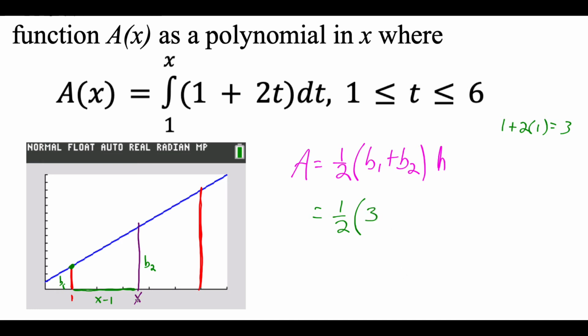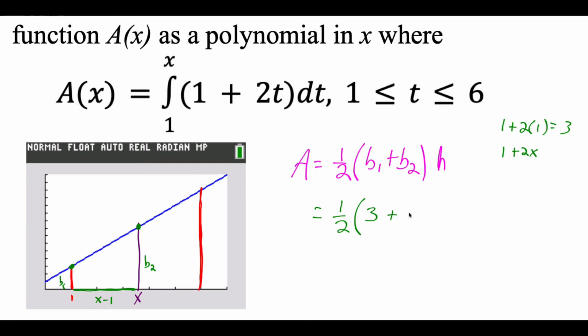But as we look at this other base, this might be a little bit more complicated. We've got this value of x, so we would be looking at trying to figure out the height of our function at that specific x value. Well, our function is 1 plus 2t, and we're plugging in x. So if I do 1 plus 2 times this unknown x value that we're plugging in, then that just is the second base.